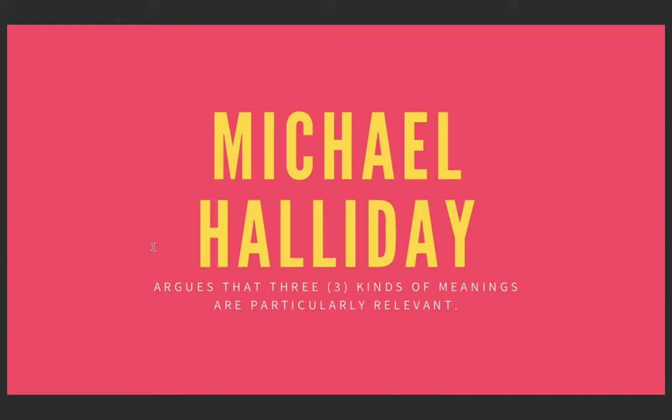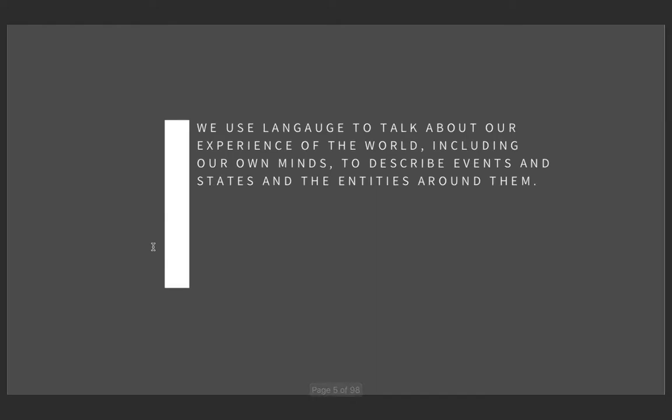He had three explanations. Number one, we use language to talk about our experience of the world, including the worlds in our own minds, to describe events and states and the entities involved in them. In this explanation by Michael Halliday, we are trying to make sense of the world based on what we can observe.